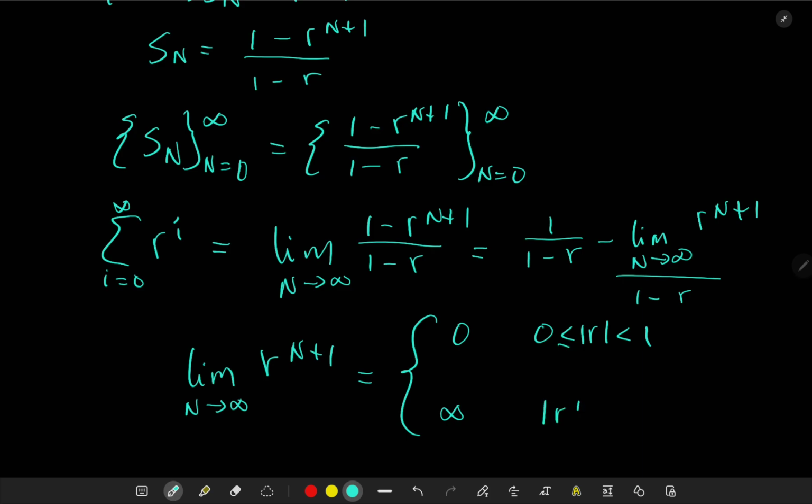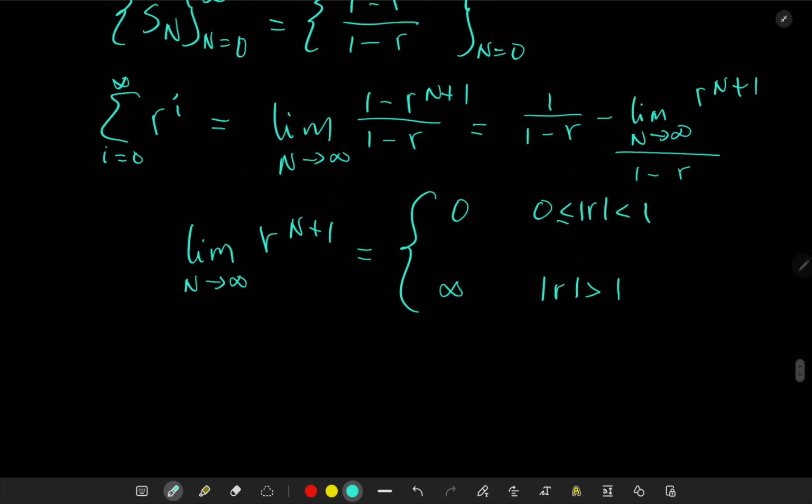And here, when the absolute value of r is strictly greater than 1, you get that that goes out to infinity. So the geometric series is going to diverge in this case, and it's going to converge when the absolute value is between 0 and 1, including 0. So that's what we're going to write here. The sum from i equals 0 to infinity of r to the i is going to be equal to 1 over 1 minus r.